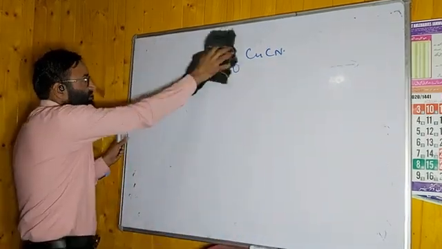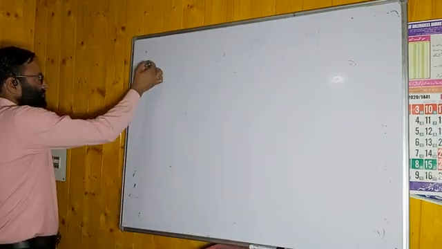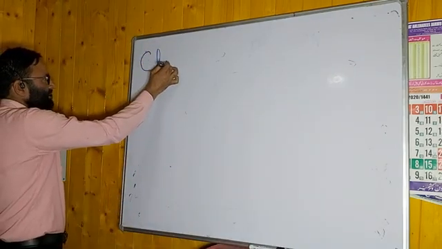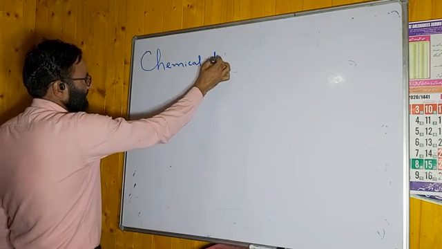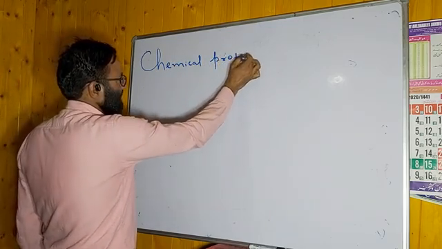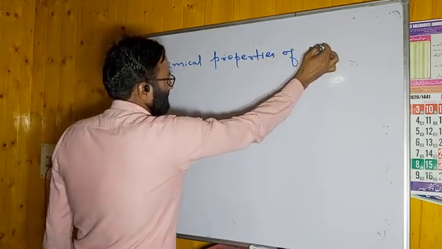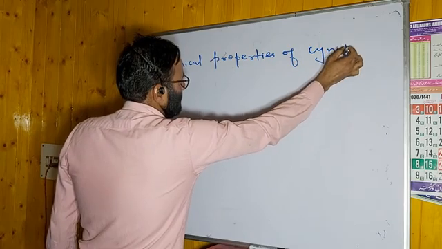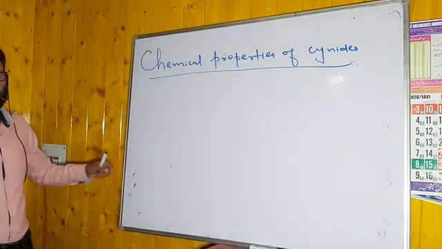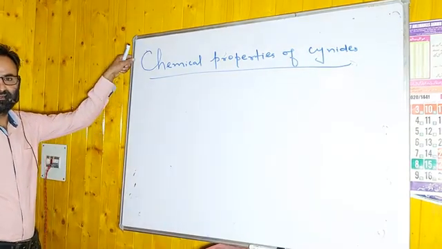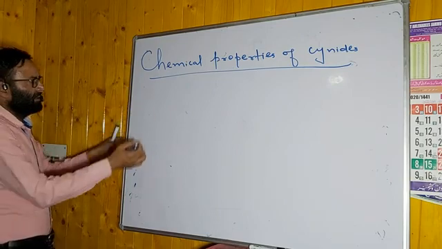Now we discuss the chemical properties of cyanides. There are 3 important chemical properties, and we have already discussed 2.